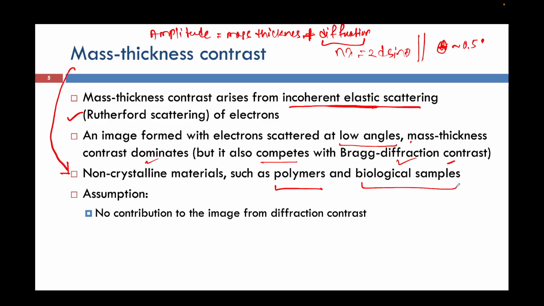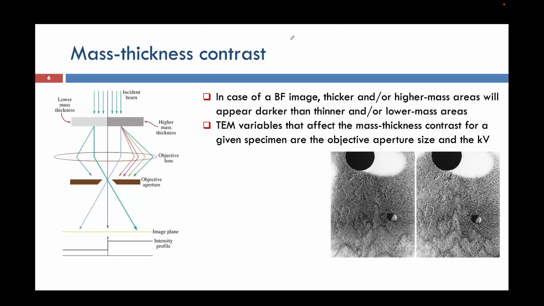If I am talking about an amorphous material, there will be no diffraction. If I am talking about a semi-crystalline material, then very weak diffraction will take place. So whatever amplitude difference we get will be predominantly the mass thickness contrast. So this contrast mechanism is predominantly used to see the different features in non-crystalline materials like polymers and biological samples, right?